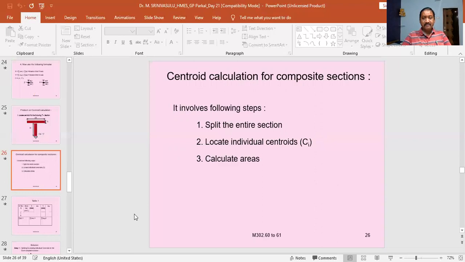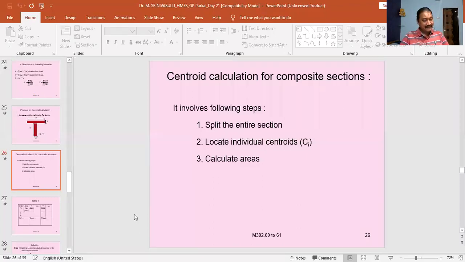The first step: we have to split the entire section, that is, divide the given composite section into simple figures. The given section has a T shape, but we divide it into two rectangles.